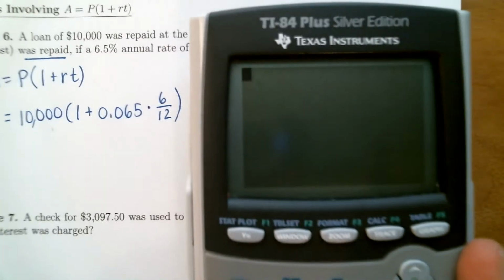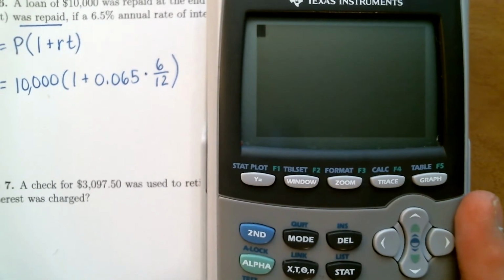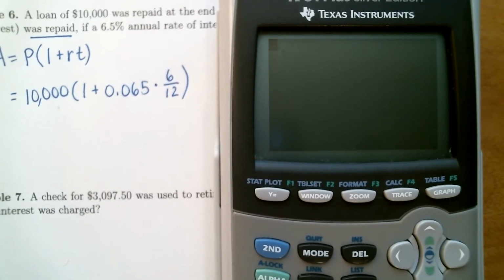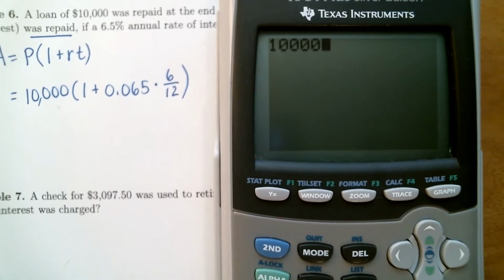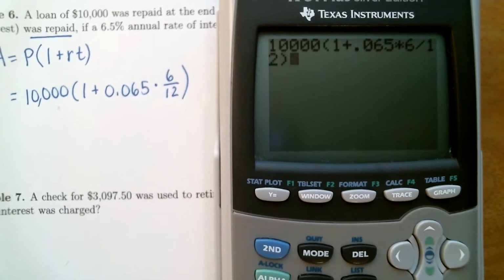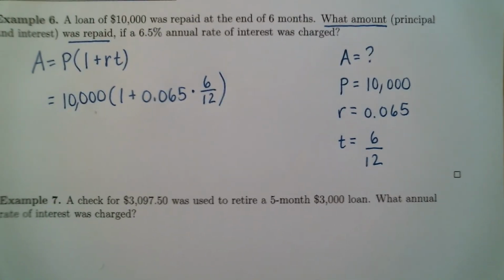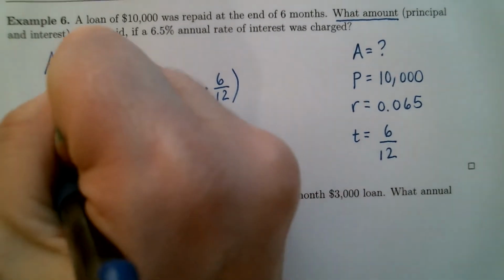All right, so we're going to get 10,000 times, use your parentheses, 1 plus 0.065 times 6 divided by 12, close parentheses. And there you go. This is a nice even number, no cents, so it's going to be $10,325.